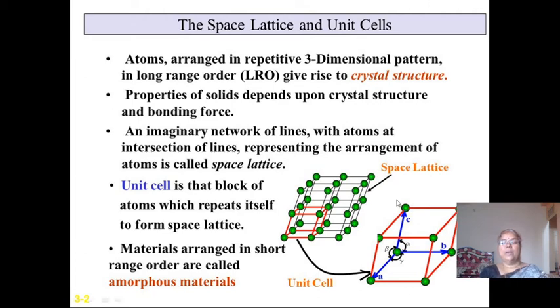Here the actual position occupied by a fundamental unit of the crystal is called a lattice point. Okay, and remember the lattice point does not explain the size of the particle or size of the atom. It simply explains to us the position. Okay, and these are called lattice sites.